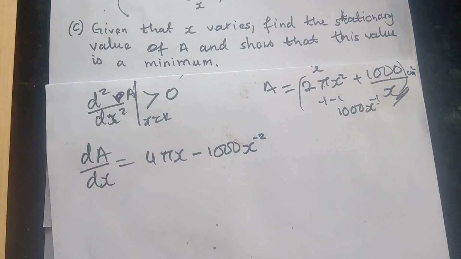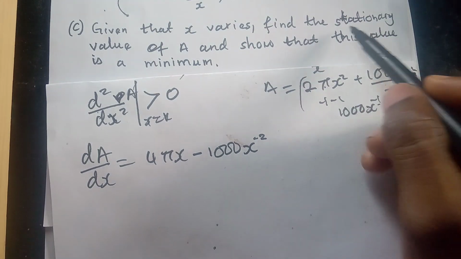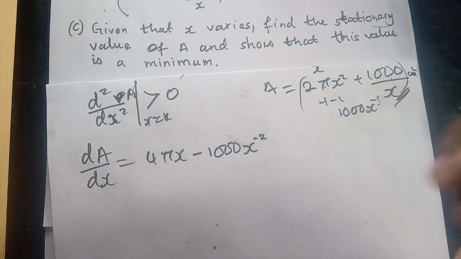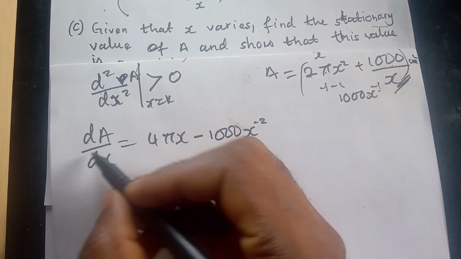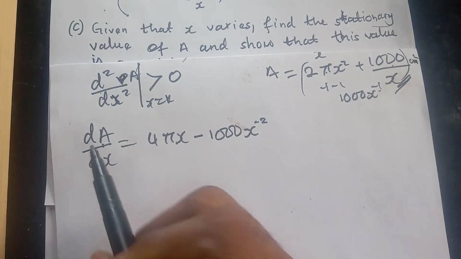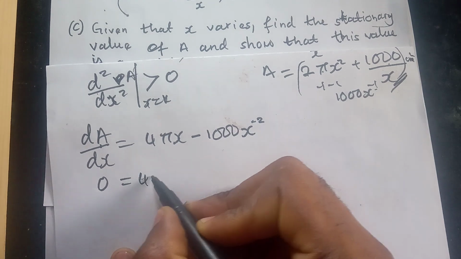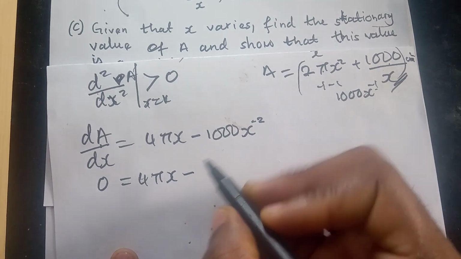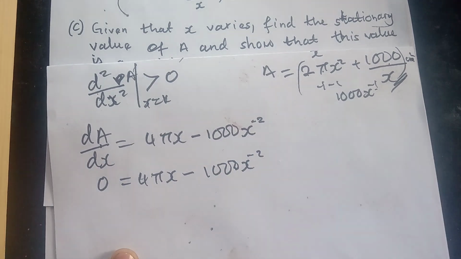Since this is the stationary point, at the stationary point dA/dx is always equal to 0. So we can substitute this with a 0, because we know that at that point dA/dx is always equal to 0. So we have 4 pi x minus 1000 x to the power negative 2.